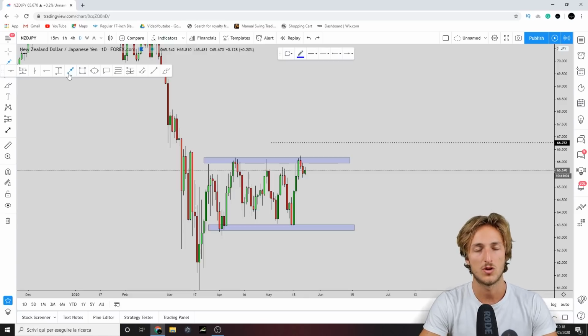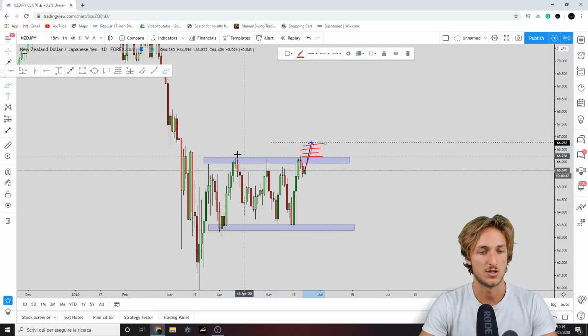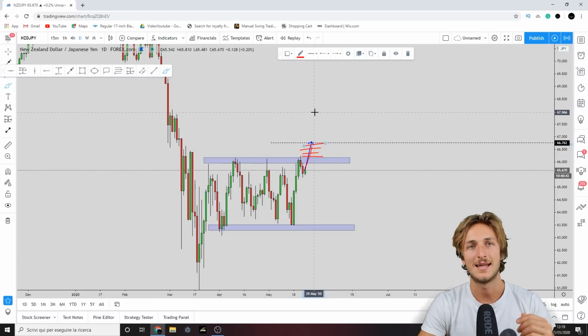What happens most of the times in this kind of situation is that the market will make a break to the upside. If the market will actually manage to make a break to the upside of the upper band of this range, what will happen is that most people will start longing NZD JPY because they see the break of the range and say, okay, this resistance is now support, the market is breaking to the upside, let's long.